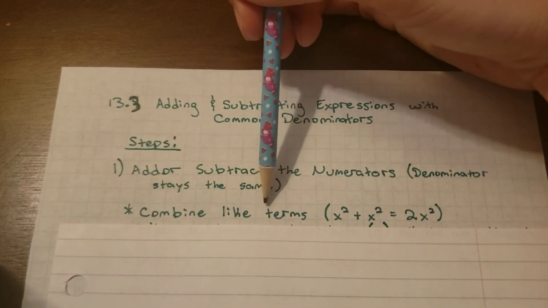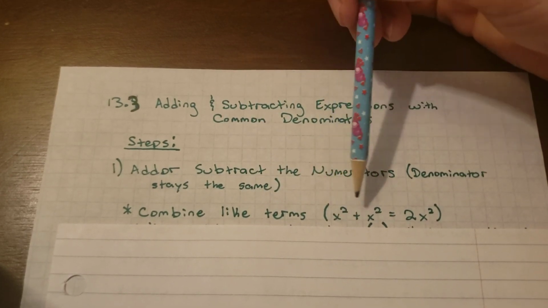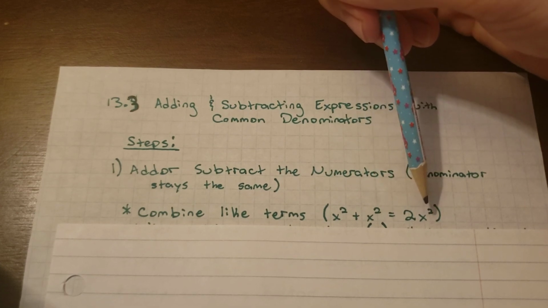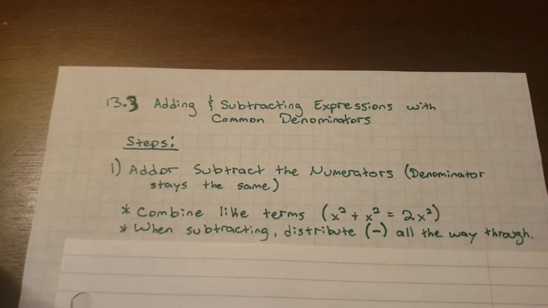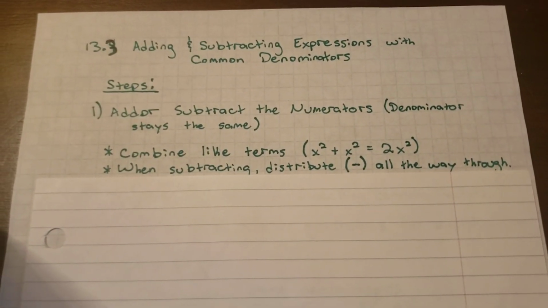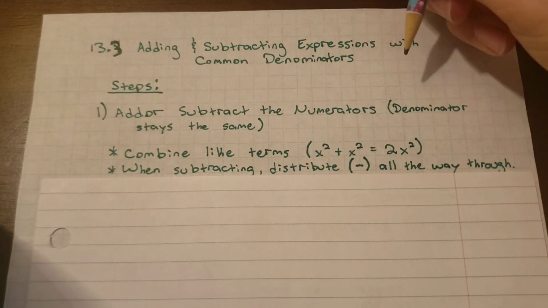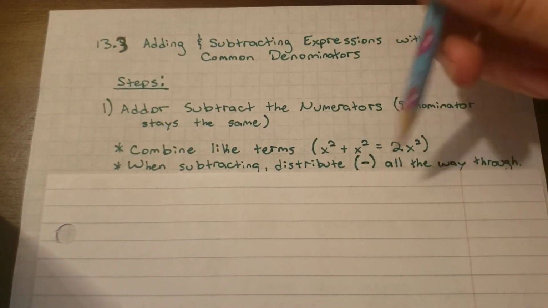We're going to combine like terms. So if our two different fractions both have an x squared, that becomes 2x squared, right? And when we subtract, we're going to distribute that negative sign all the way through. My example later will make a lot of sense.